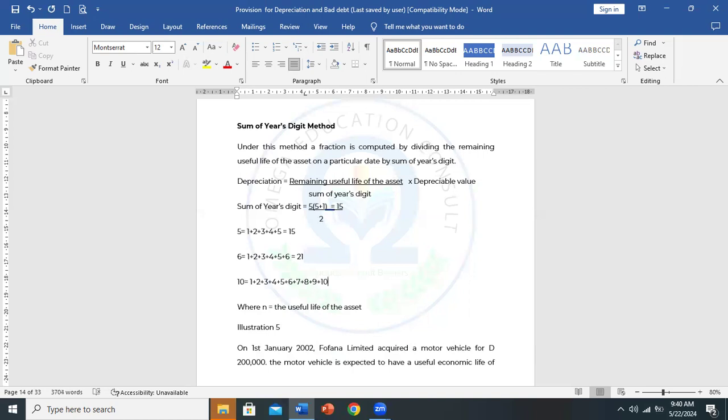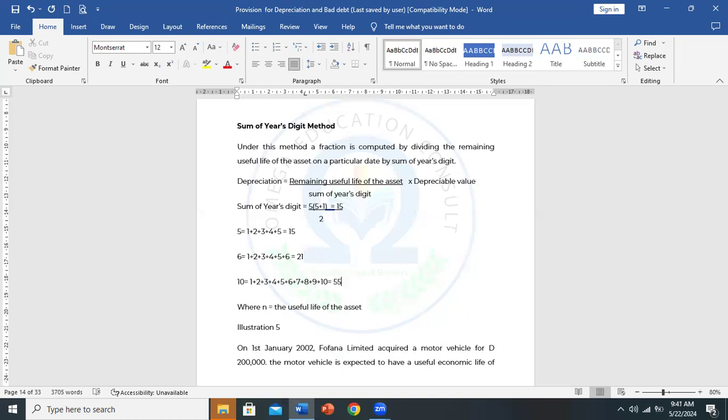So you are adding the years. Should we do this one too? Let's see. 3, 6, 10, 15, 21, 28, 36, 45, 55. I want to believe my maths is on point too. Okay. So that's how you calculate the sum of years.